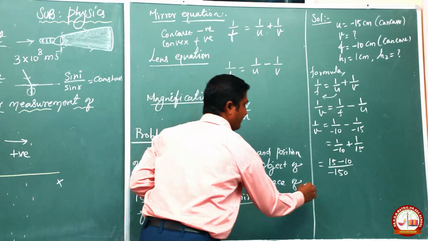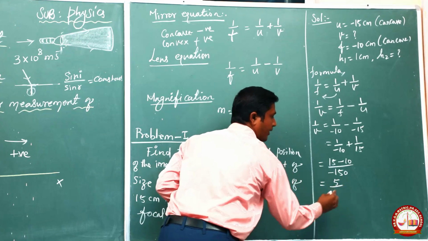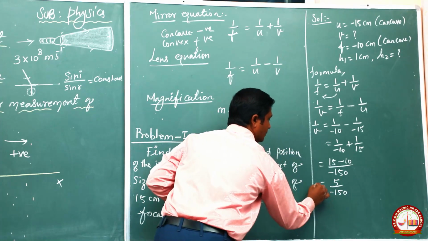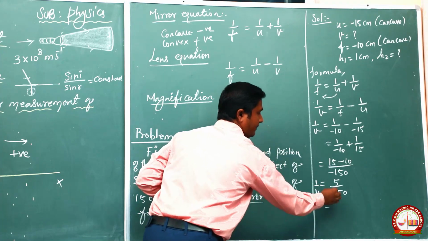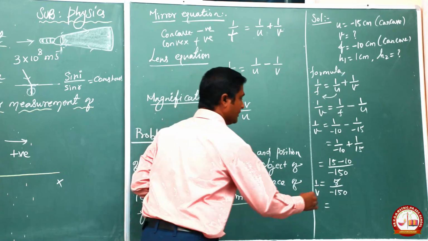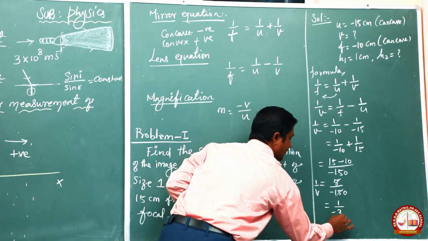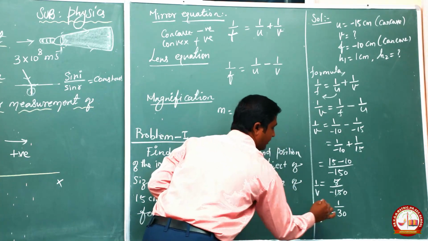Next, simplify: plus 5 divided by minus 150, so 1 by v equals 1 by minus 30, since 5 times 3 is 15 and 5 times 30 is 150.